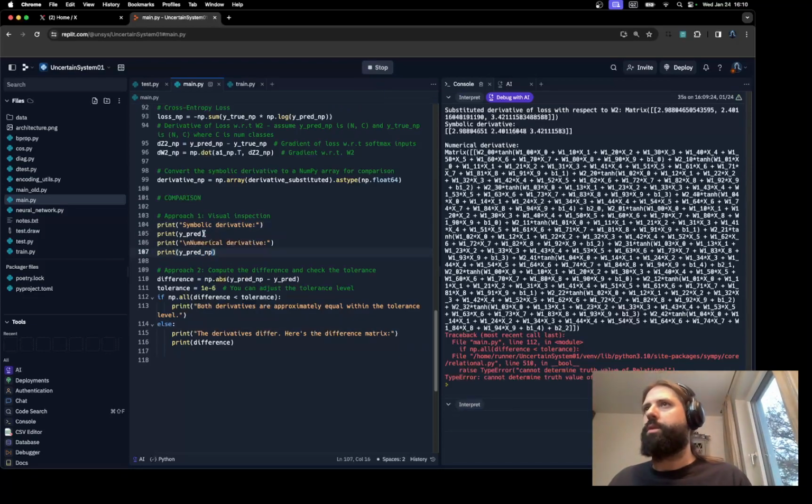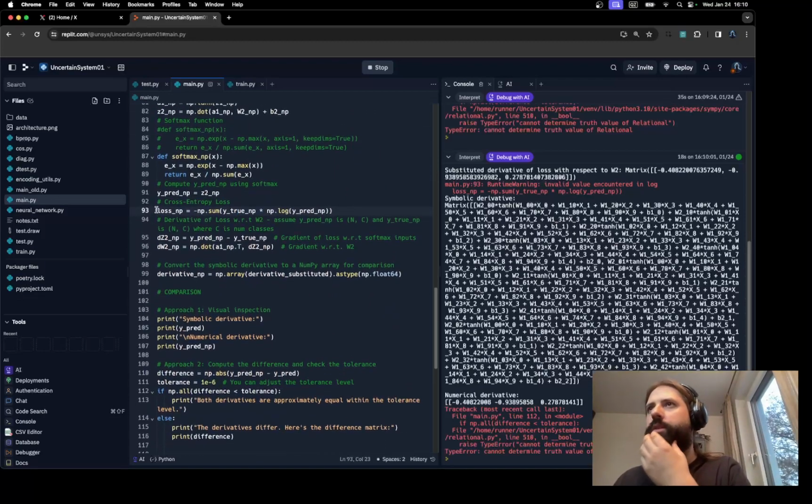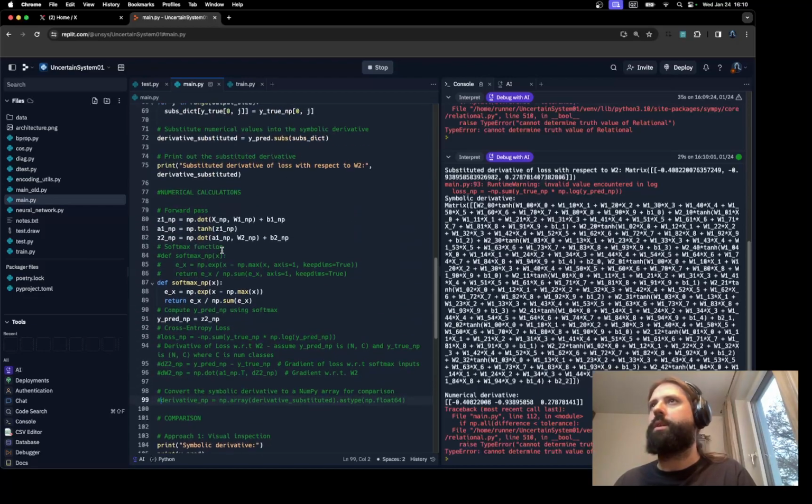But the problem is not with the numerical, the problem is with the symbolic derivative. Let's just comment this out. That's a mess. Let's just stop at y pred np. Let's not calculate the derivative.